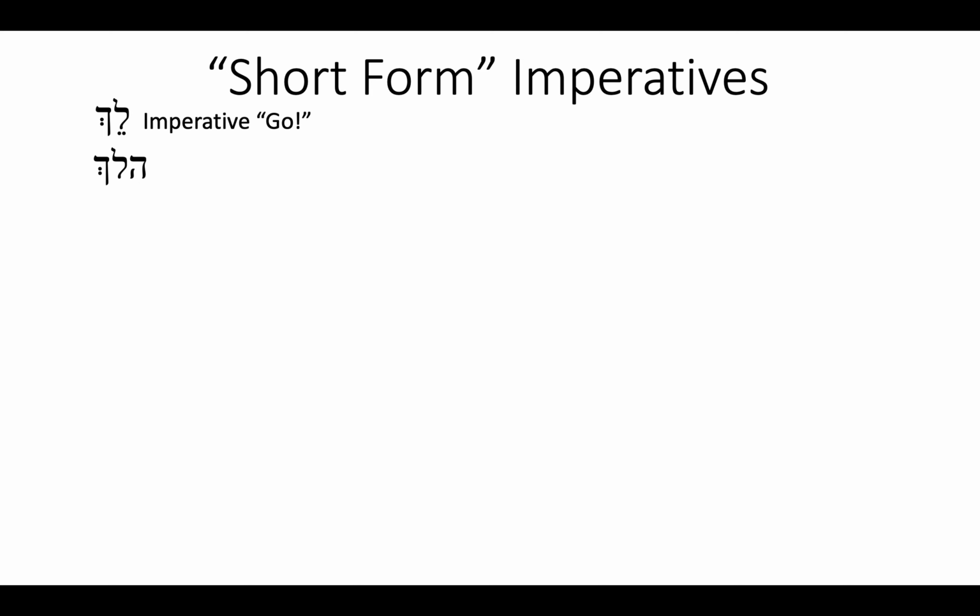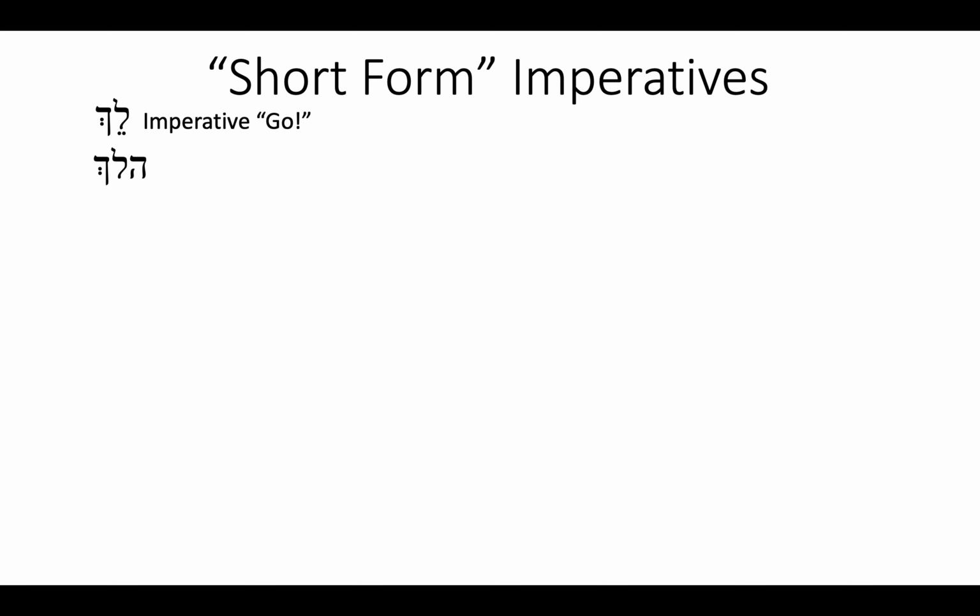So even though I've given you what I would call the official form of the imperative, probably by number, most imperatives have this special short form, and I don't really know why that is. They're so common I wouldn't call them irregular, and maybe it's just that the most commonly used verbs are also verbs that are weak.